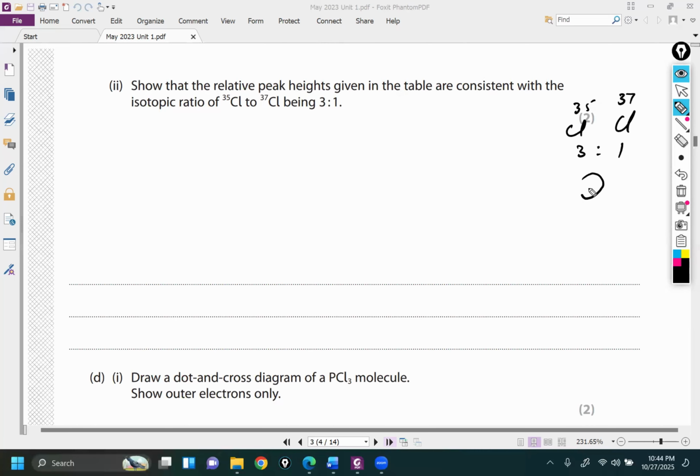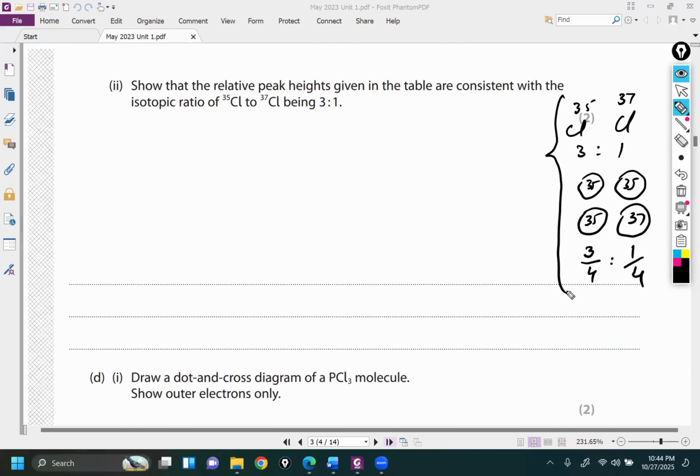Means if total chlorine atoms are 4, then 3 will be 35 and 1 will be 37. Now for 35, there are 3 atoms out of 4, while chlorine 37 is 1 out of 4. This you must know at the back.